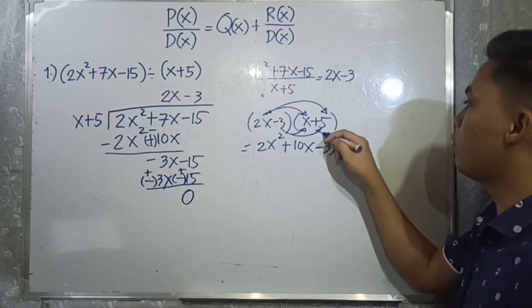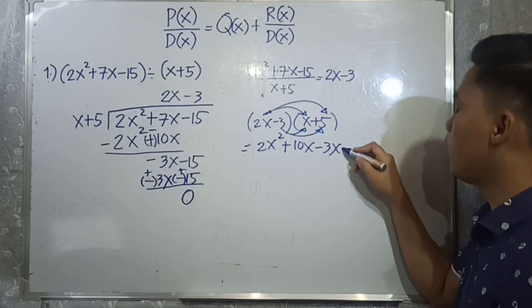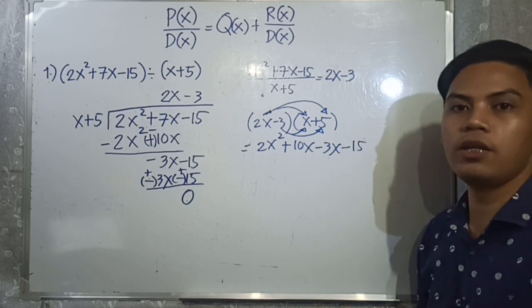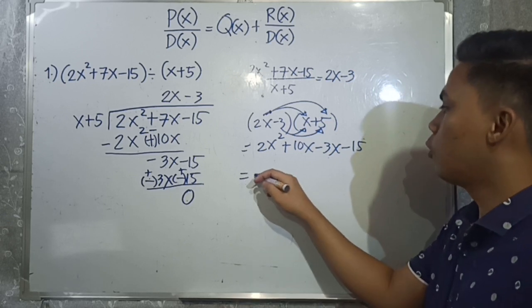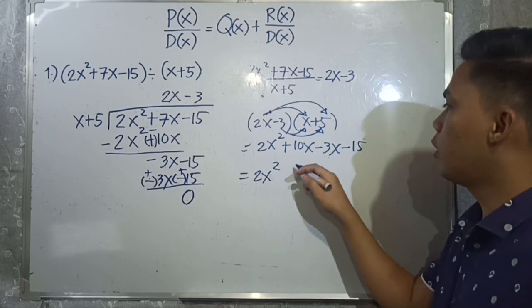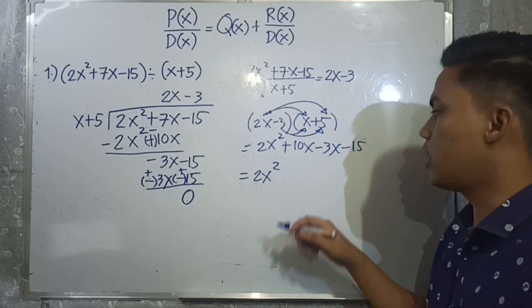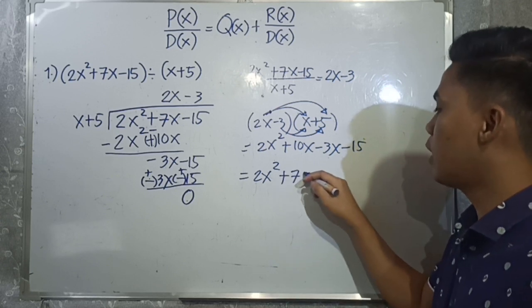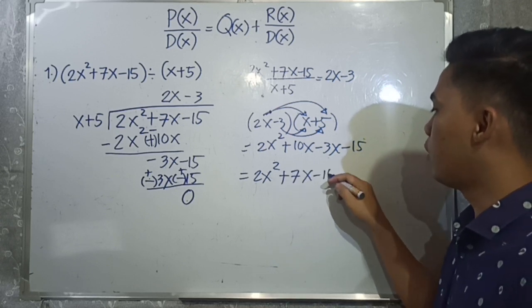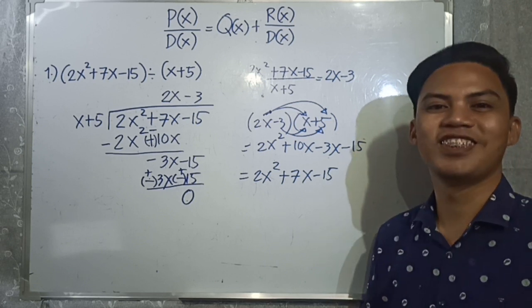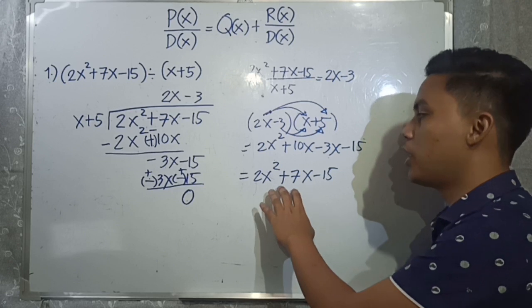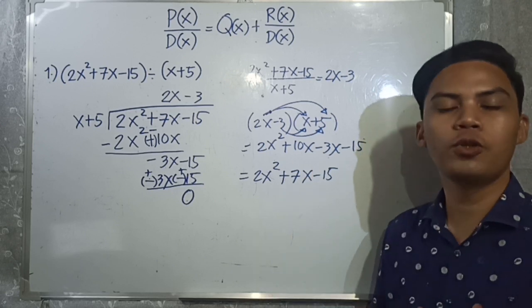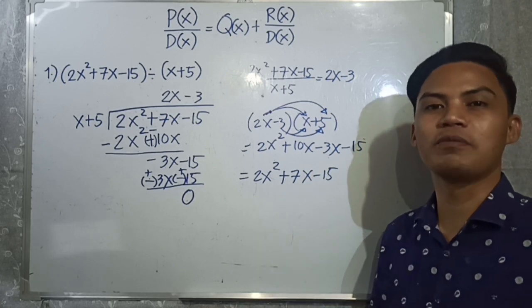And finally, negative 3 times 5, that is equal to negative 15. Okay, now combine similar terms. We have 2x squared, 10x minus 3x is equal to 7x. And bring down negative 15. So, kung mapapansin natin, nakuha natin yung given na dividend. Therefore, yung quotient na nakuha natin is correct.